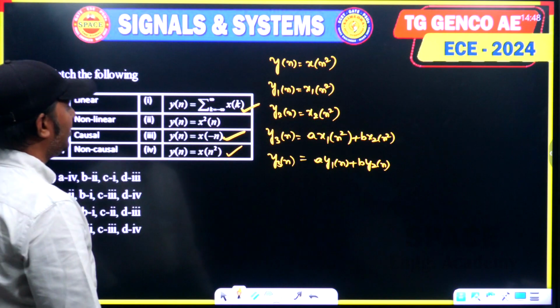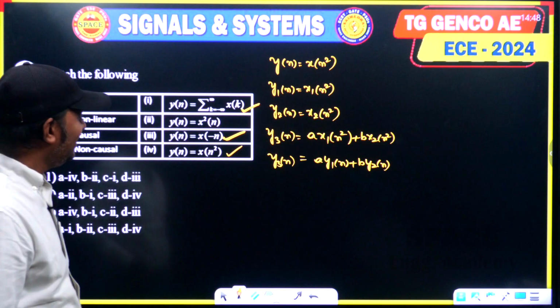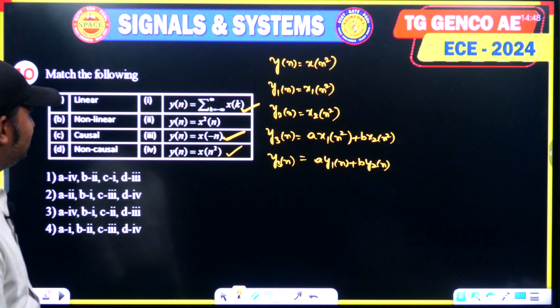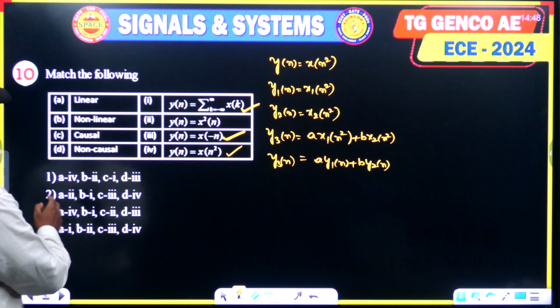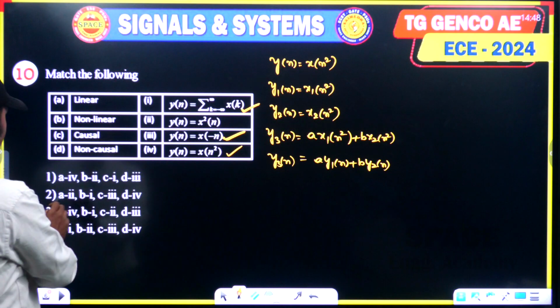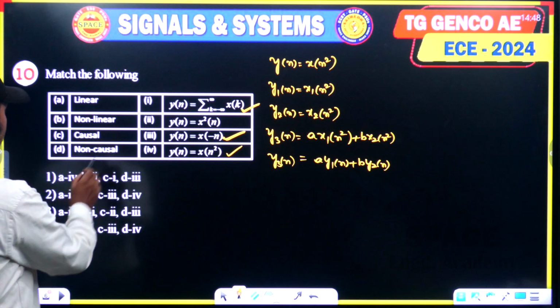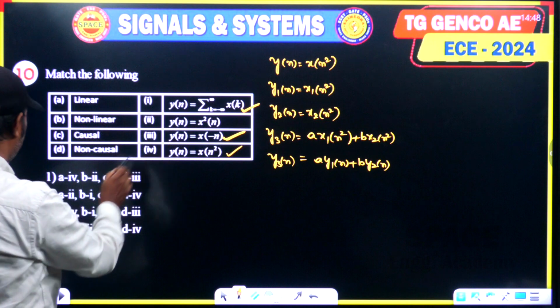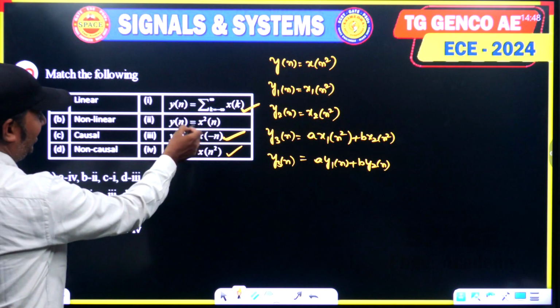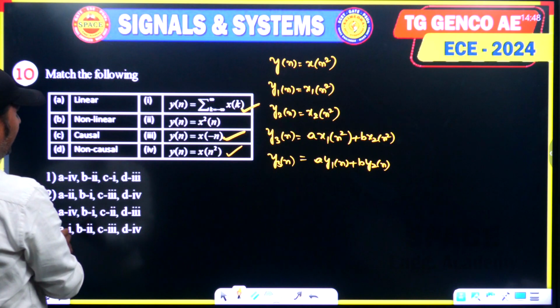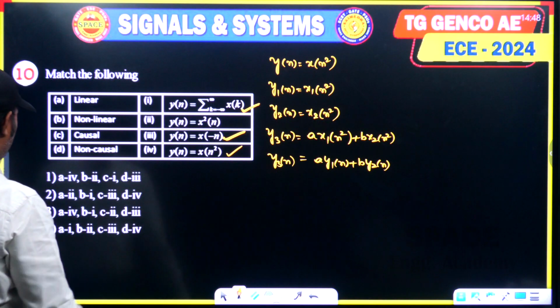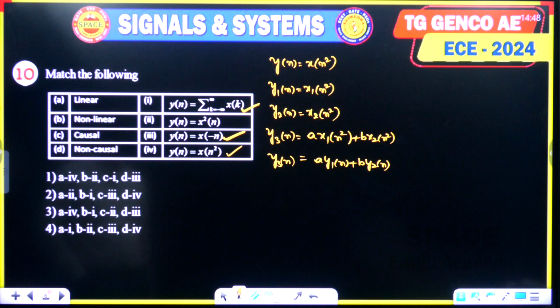The first one is also linear, but here ambiguity is there in this question. A4 he said, A2... no, x square of n is non-linear, A4 and A1. So here ambiguity is there.